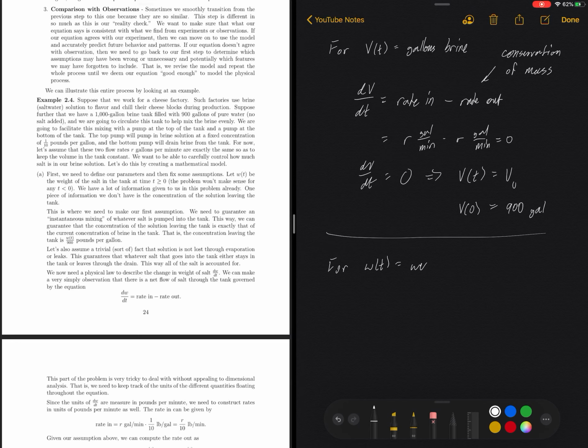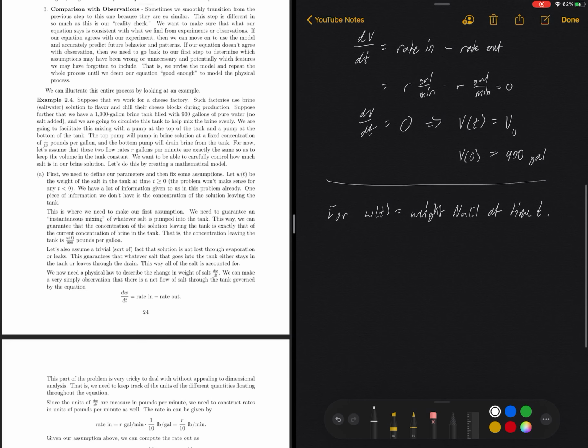So with this same paradigm in mind, let's set up the differential equation modeling the weight. This is the weight of salt at time t. We're going to set up dW/dt, and this is once again conservation of mass, the rate in minus the rate out.